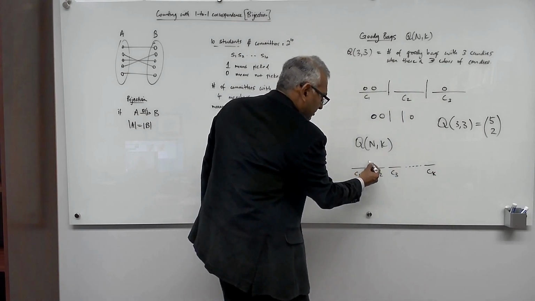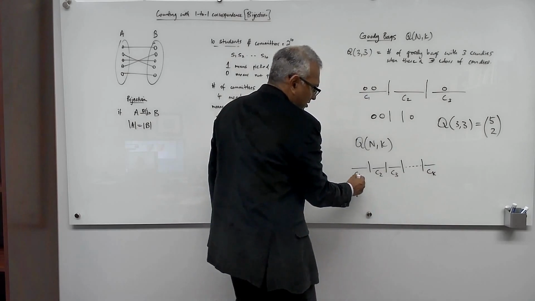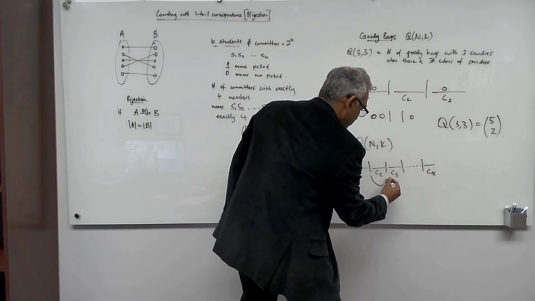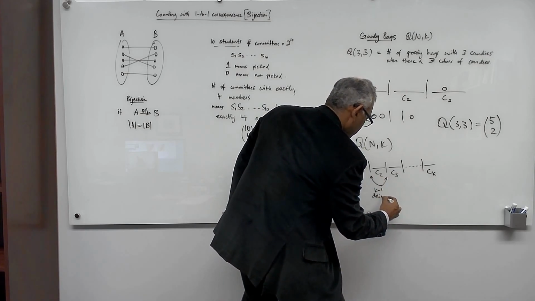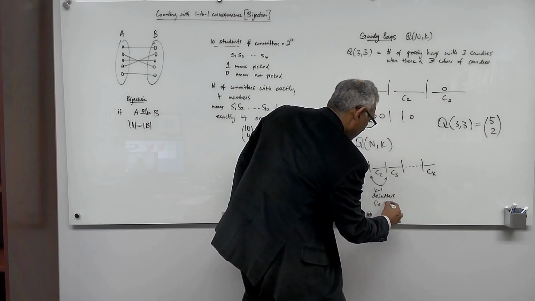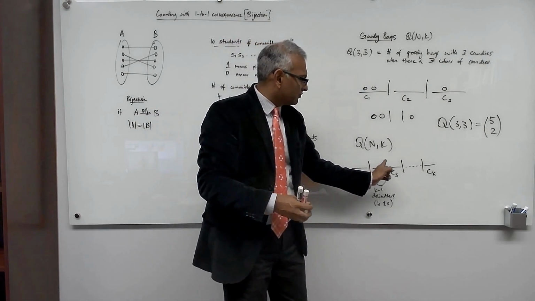I'm going to need a delimiter, i.e. a 1, to separate each of these different candies. So since I have k colors, I'm going to need k minus 1 delimiters, i.e. 1s.